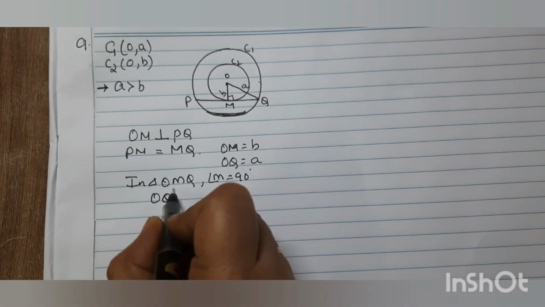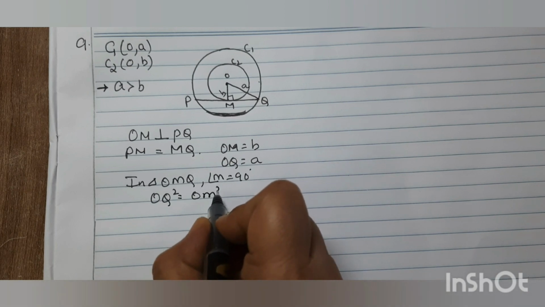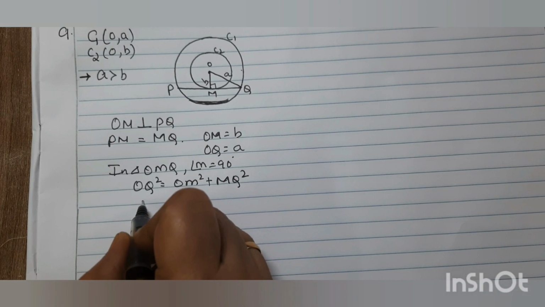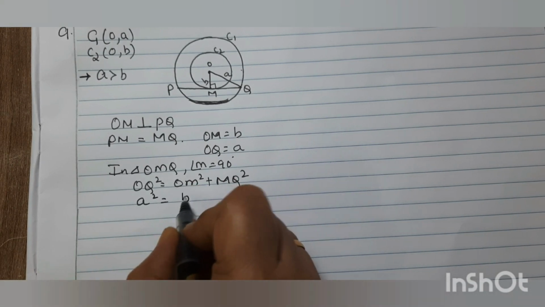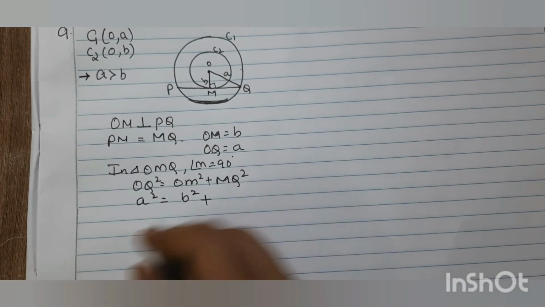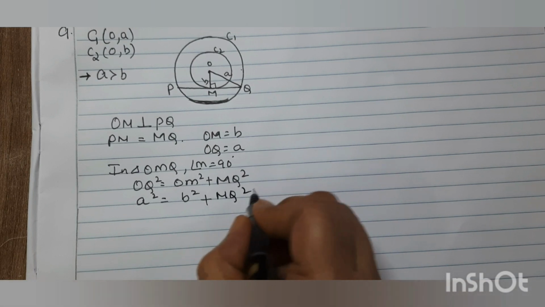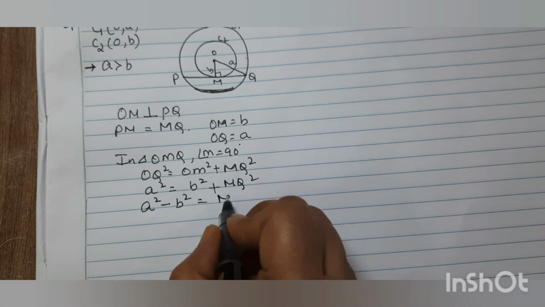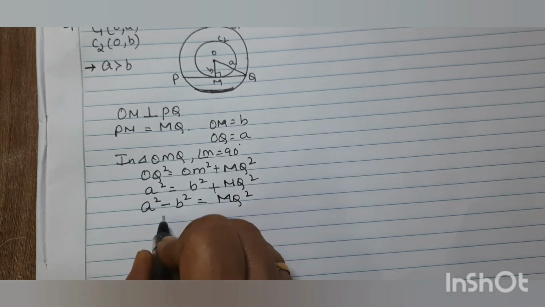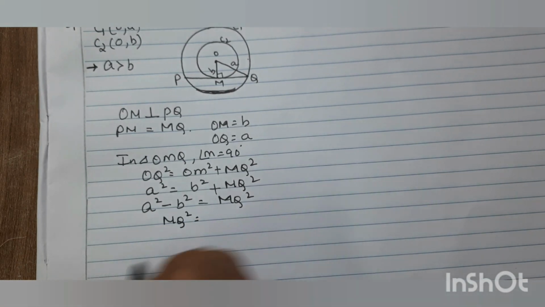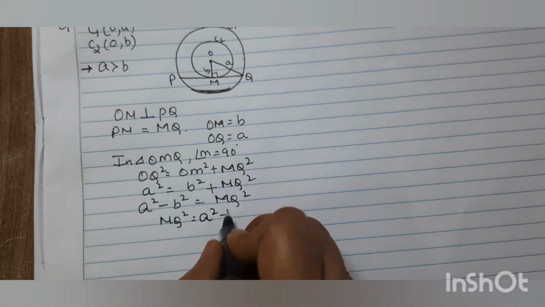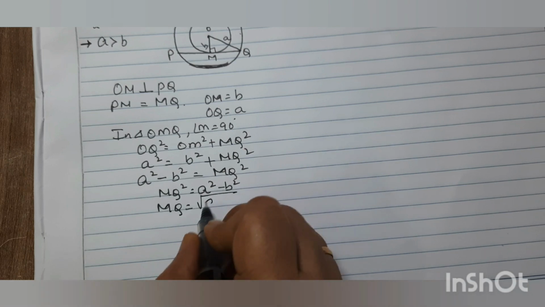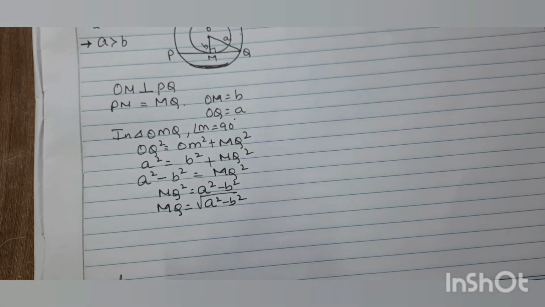So OQ square is equal to OM square plus MQ square. OQ square is A square, equal to B square plus MQ square. So A square minus B square equals MQ square. So MQ will be equal to square root of A square minus B square.